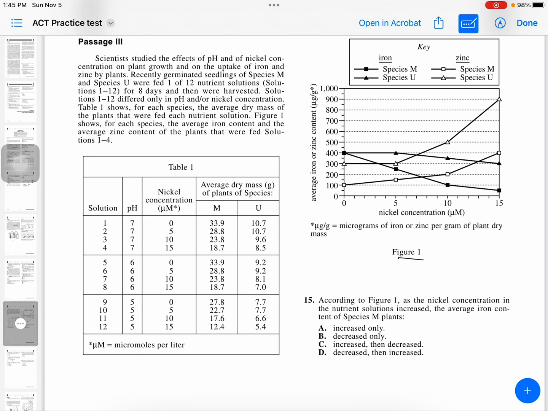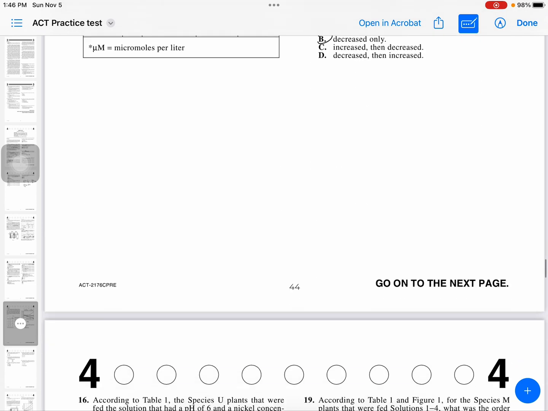Iron is the closed square and the closed triangle. We see these two decrease as nickel concentration increases. We're just reading graphs, which means B.